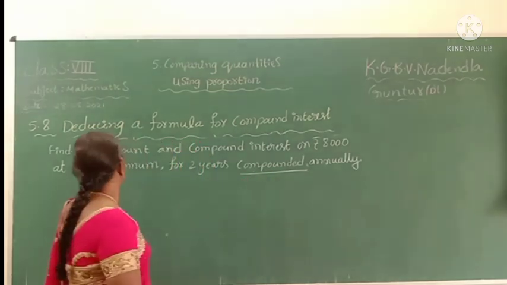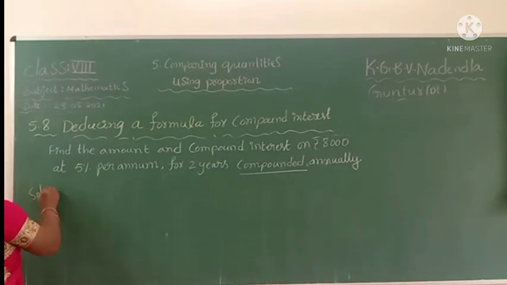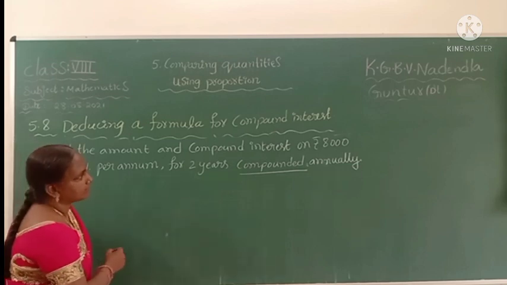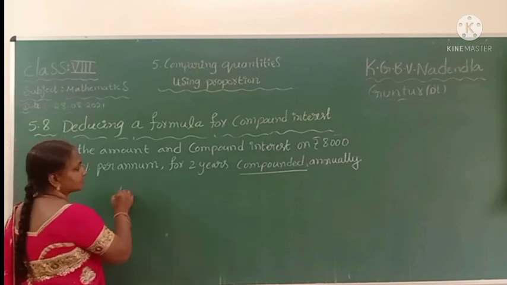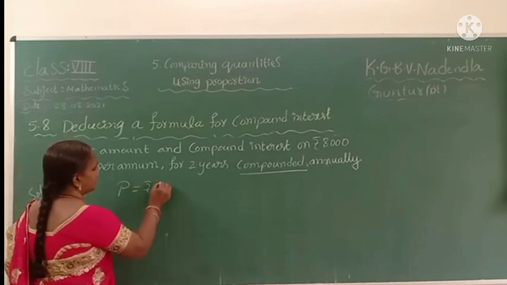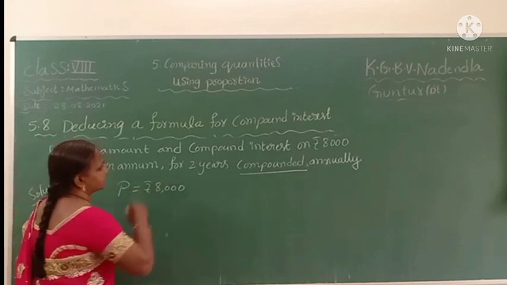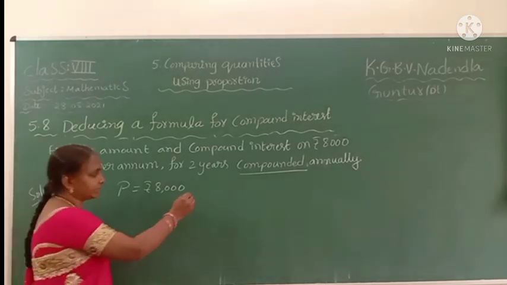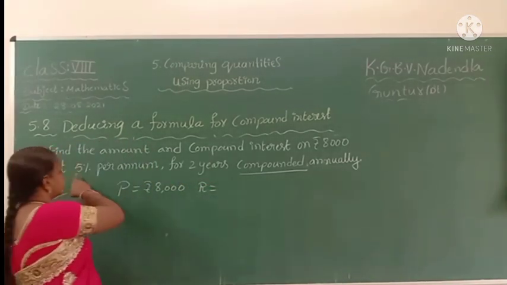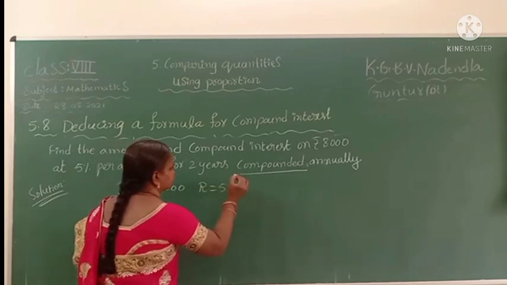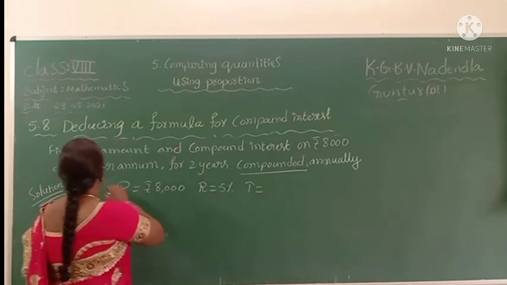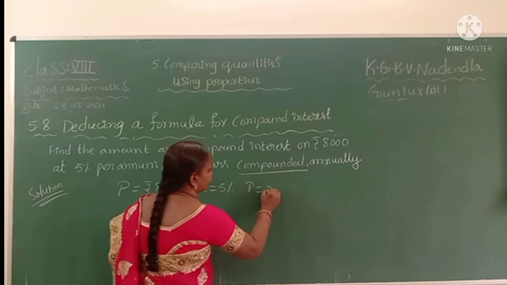Okay. Here, what is the principal amount here? P is equal 8,000 rupees. Rate of interest R is equal 5% and time is equal 2 years.